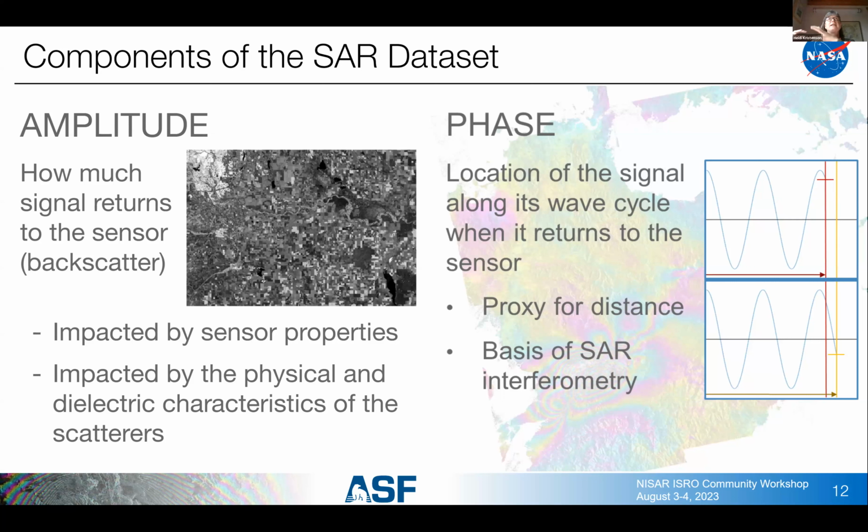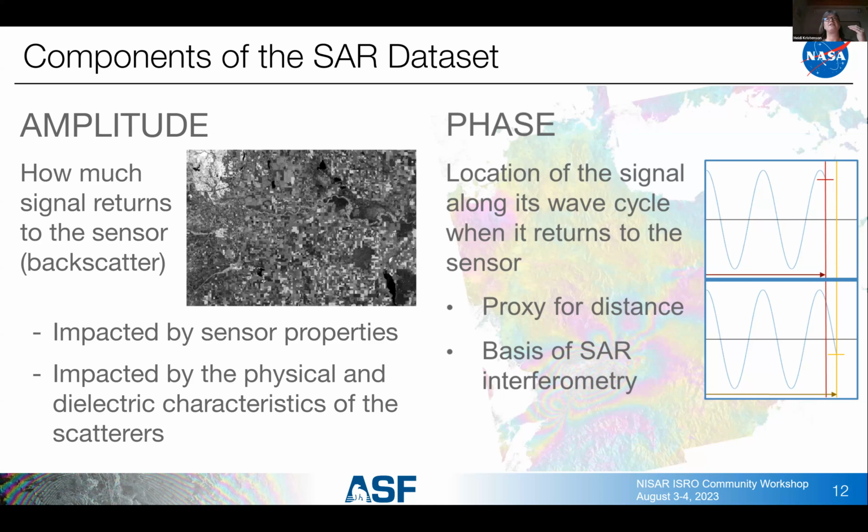If, however, something has changed on the landscape, if there's deformation caused either by inflation of a volcano, for example, that lifts up the Earth, or if there's subsidence due to groundwater removal or some other process that causes the ground to sink, that changes the distance that the signal has to travel, which will be reflected as a change in the phase.